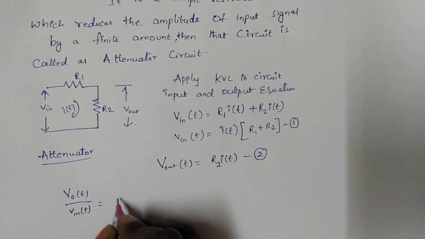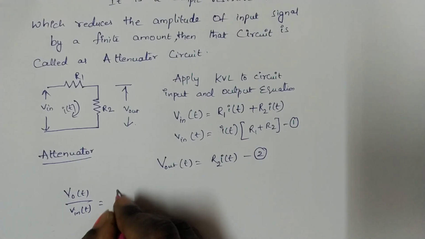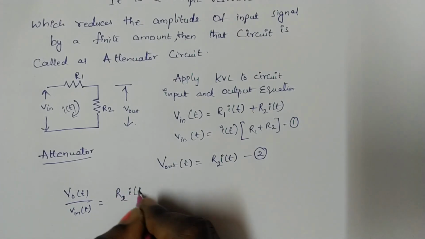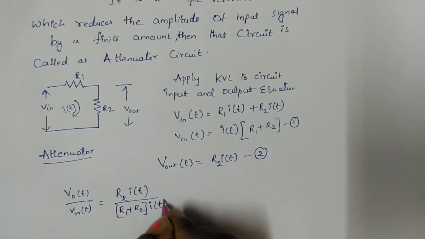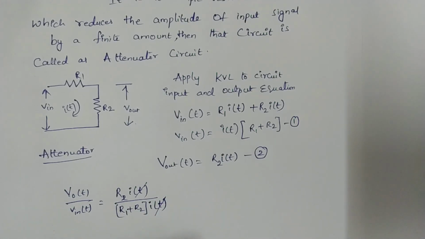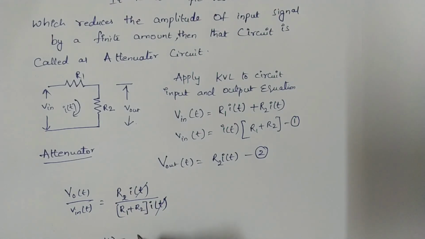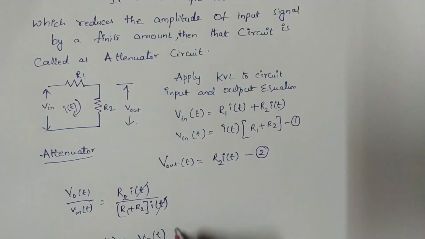Here we will get R2 into I of t by R1 plus R2 into I of t. And this I of t and I of t get cancelled, and V out of t equals V input of t into R2 by R1 plus R2.